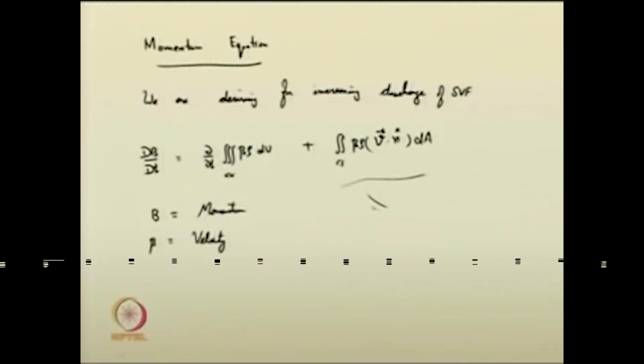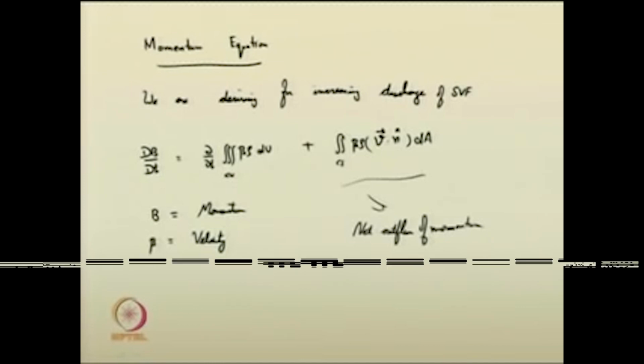This is the net outflux of momentum across the control surfaces. What are they? That we have to analyze.